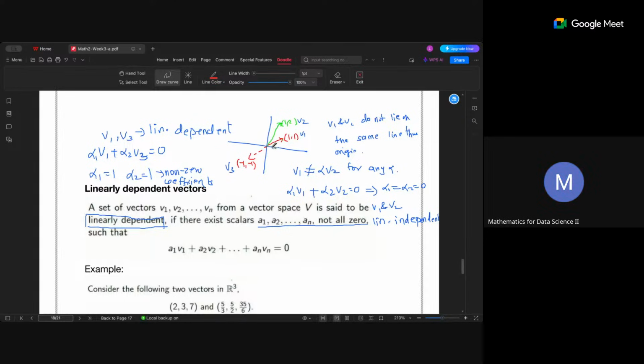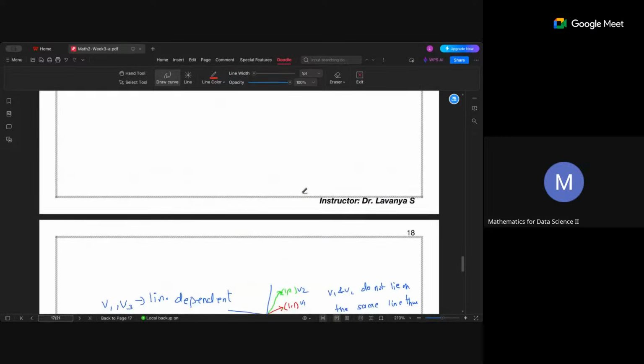If they are in different directions and not lying on the same line. Two ways you can say.